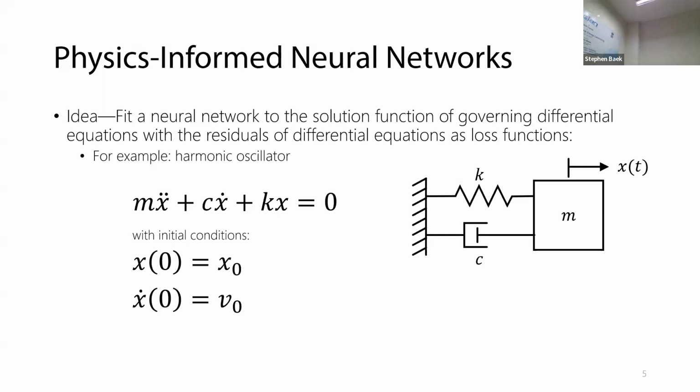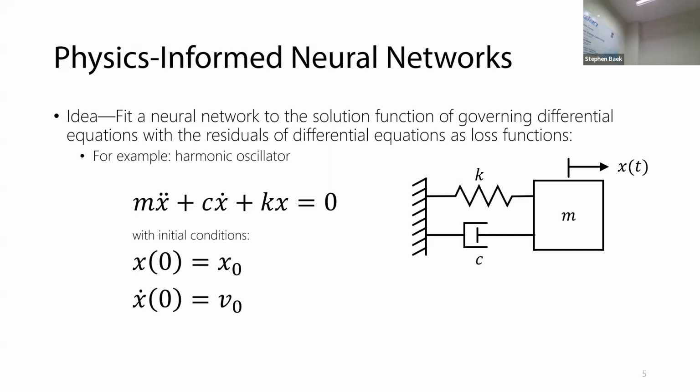So let's say you're interested in modeling a harmonic oscillator using an artificial neural network, where the goal is to find the position of the mass at time t. The position of the mass at time t, which is denoted as x, has this relationship.